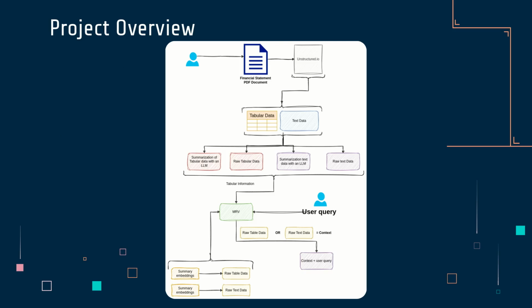So the first thing, let me just give you an overview of the architecture that we'll be implementing. So we'll have a user. The user is going to upload his or her financial document. You're going to be using unstructured.io to extract the tables and the text information from it, create a summary of the tables and the text data, and then embed this information inside of a multi-vector retrieval store, right?